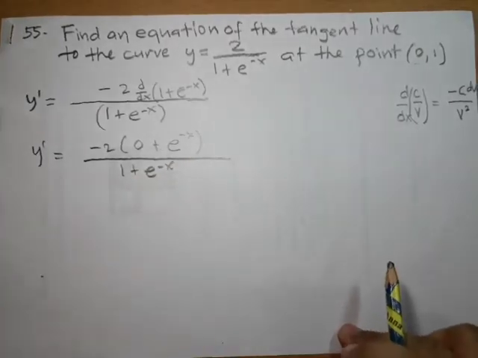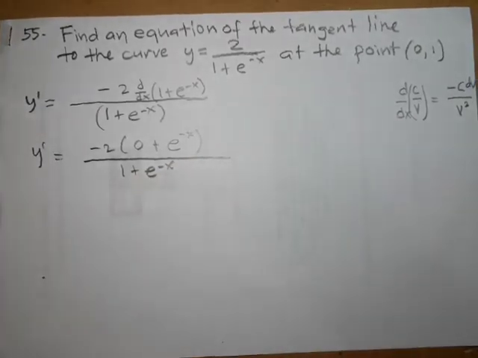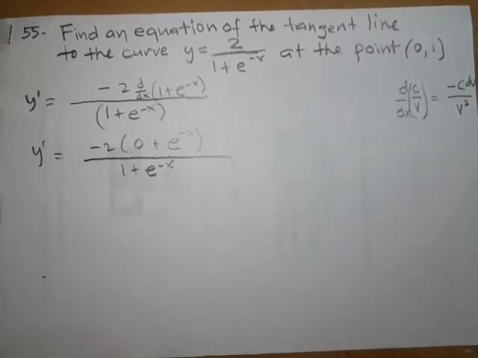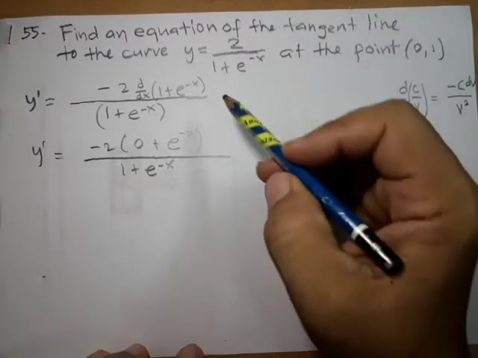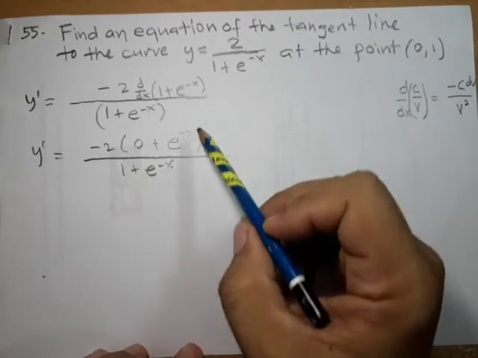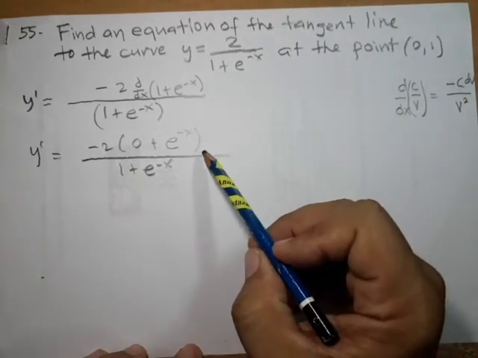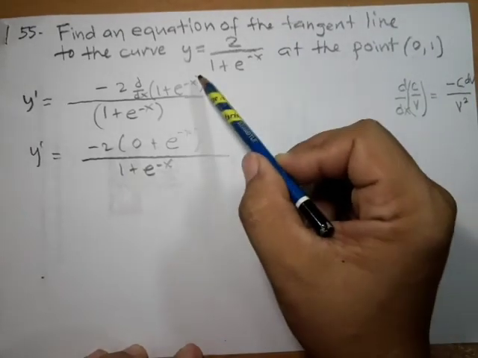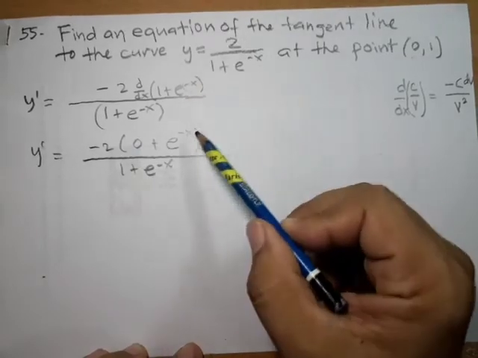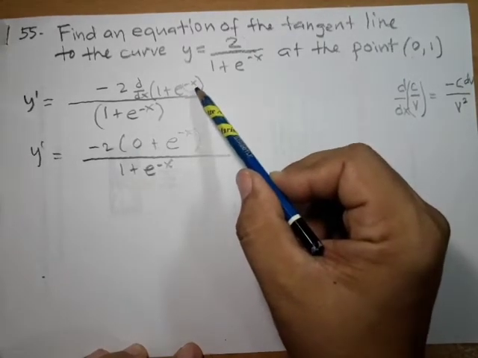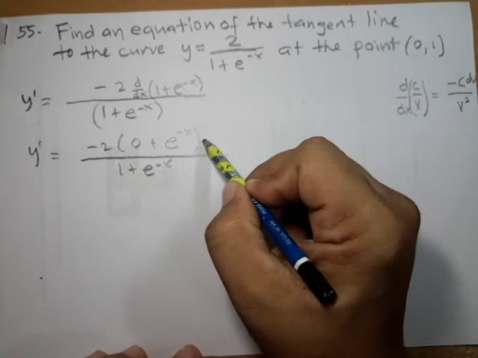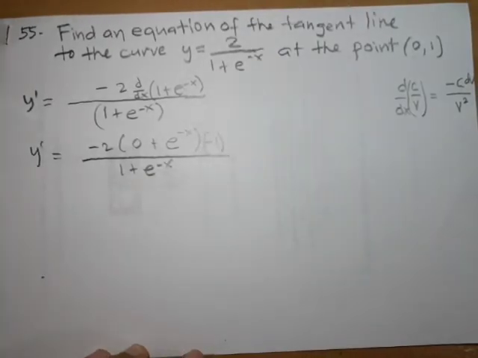I mean, the chain rule will apply here because this is another function. So what's the derivative of negative x? That is negative 1.